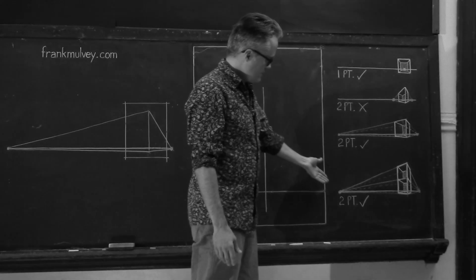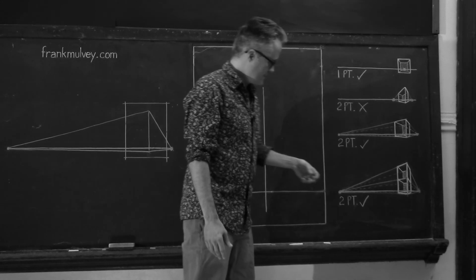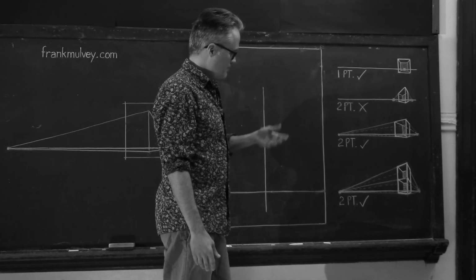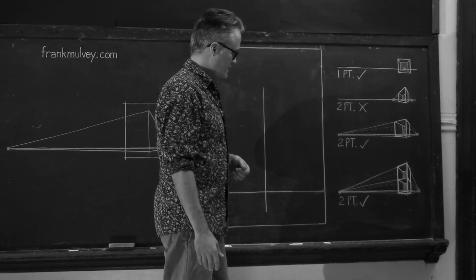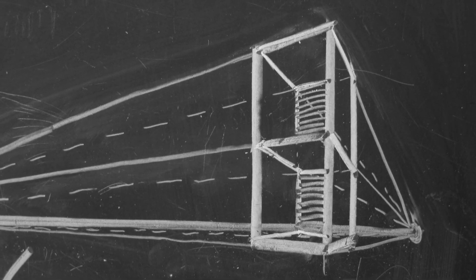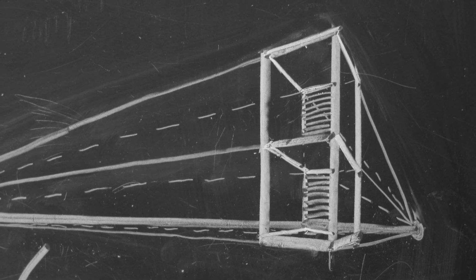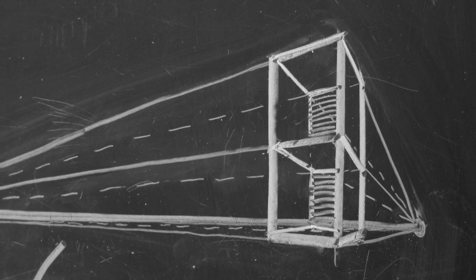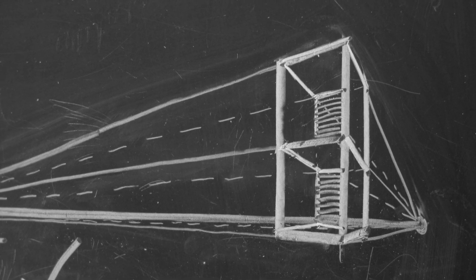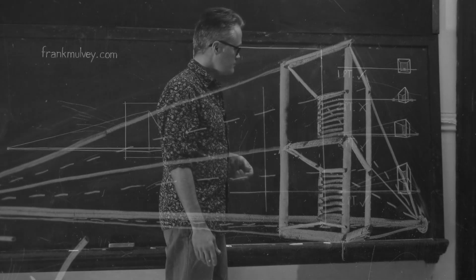Below that is another example of two-point perspective, except I've taken a couple of box shapes and stacked them on each other so you can see the potential for drawing architecture with box shapes. You just keep adding box shapes and you can build up any architecture that you would like.